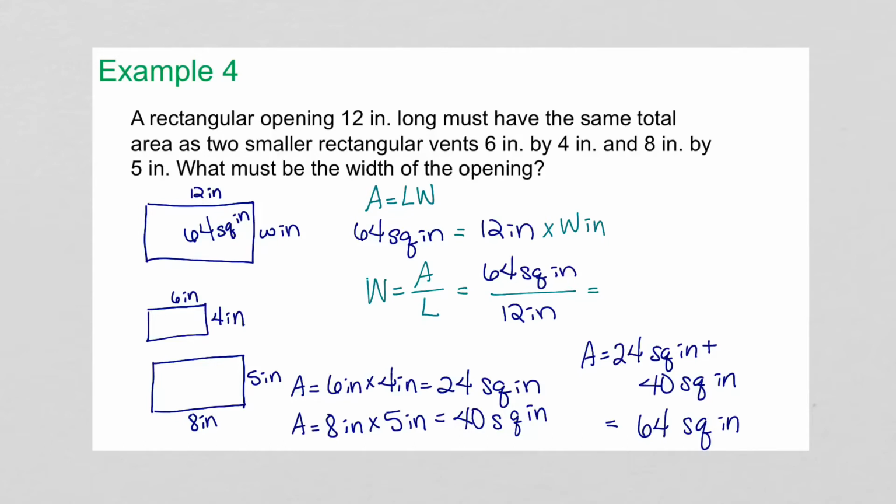And 64 divided by 12 would be 5 1/3. The square will go away, and the inches on the bottom will go away, leaving us with just inches. So the width of the larger rectangle would be 5 1/3 inches.